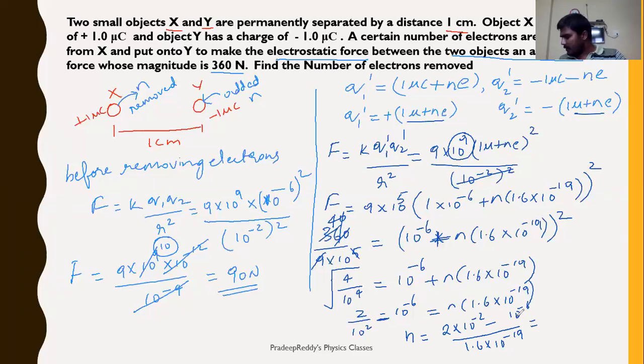Evaluating this, you will be getting n as 6.25 into 10 power 12. So the total number of electrons that should be removed from X is 6.25 into 10 power 12.